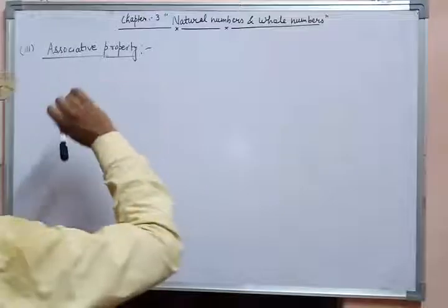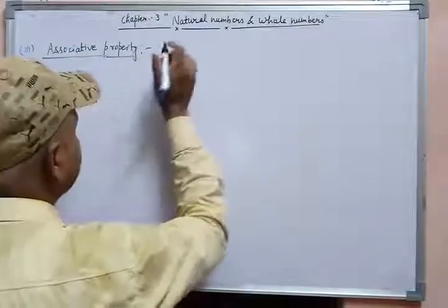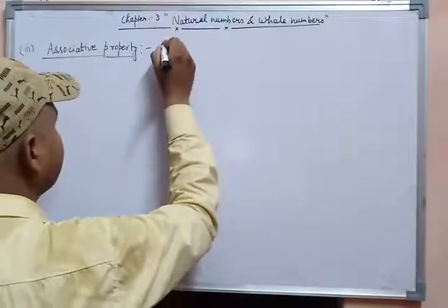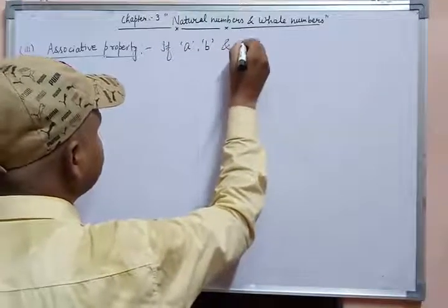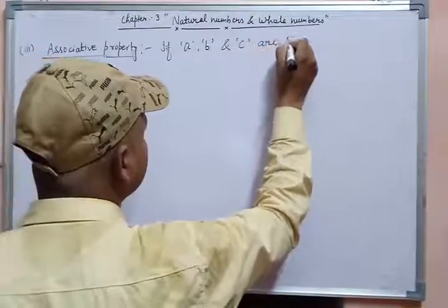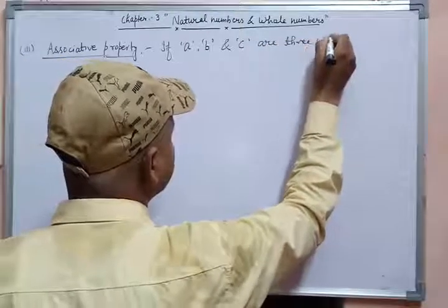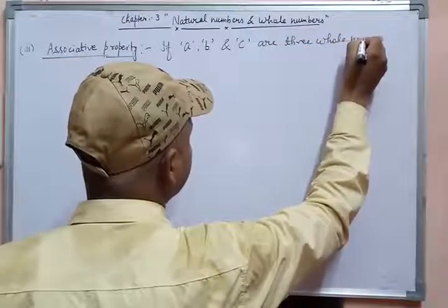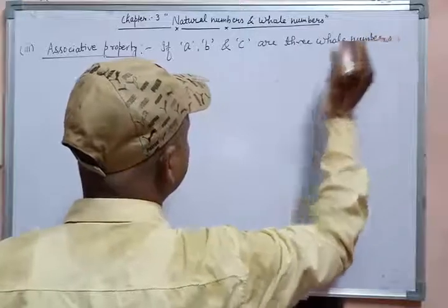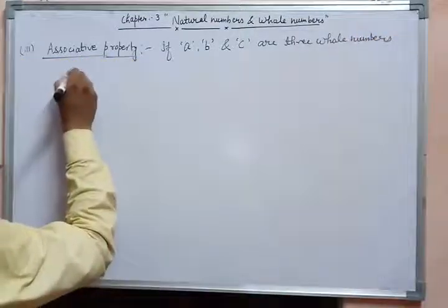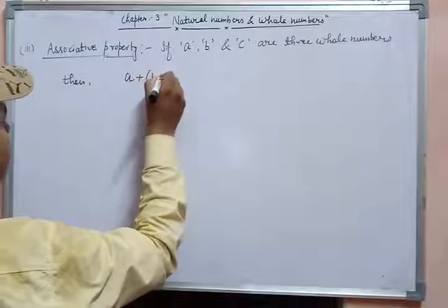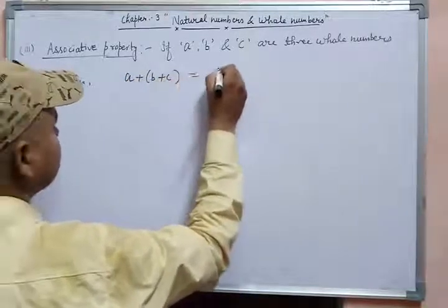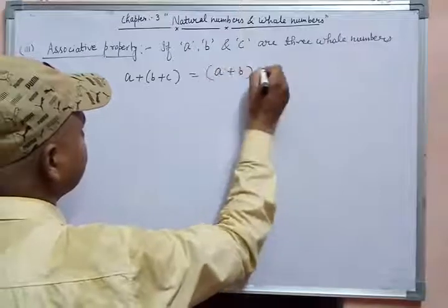So what is the associative property? The associative property is: if a, b and c are three whole numbers, then (a plus b) plus c is equal to a plus (b plus c).